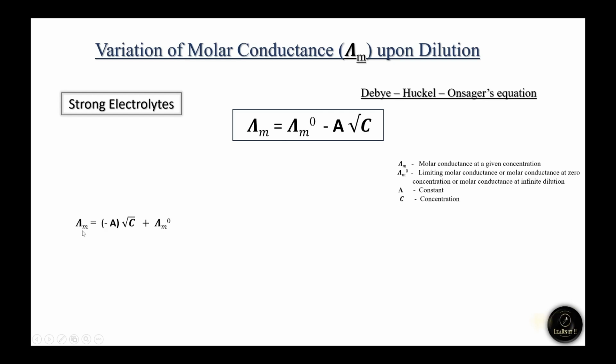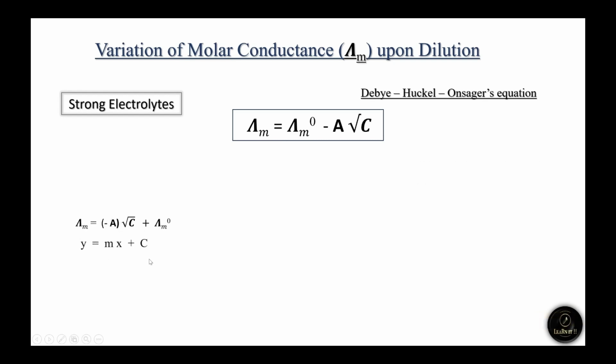That's why lambda m is equal to minus A into root c plus lambda naught m. This represents y is equal to mx plus c, the equation of a straight line, where the y-axis represents lambda m and the x-axis represents root c. When we plot a graph, we get a straight line with a negative slope.